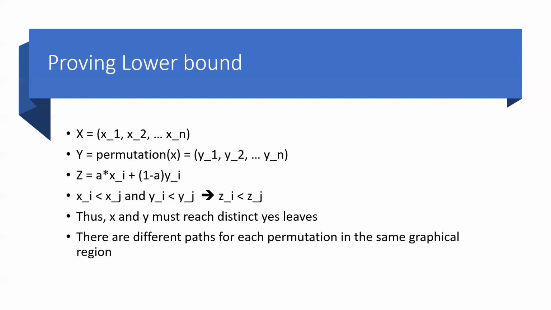And thus, x and y must reach distinct yes leaves. So the leaves that result in yes, such that the path using each permutation in the same graphical region is different.